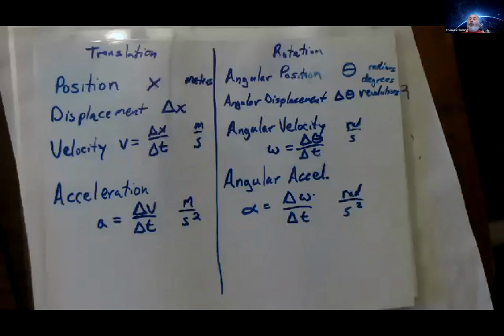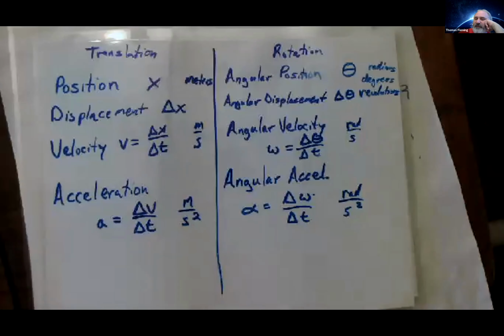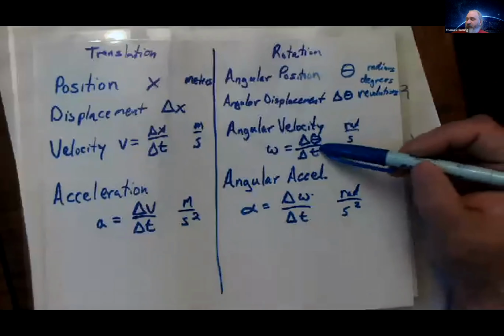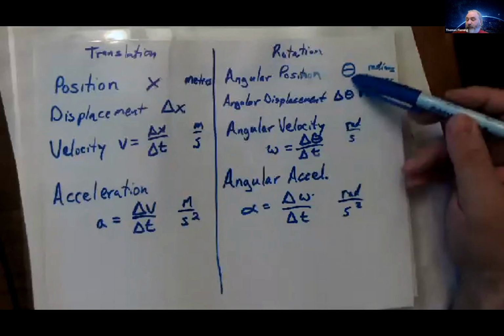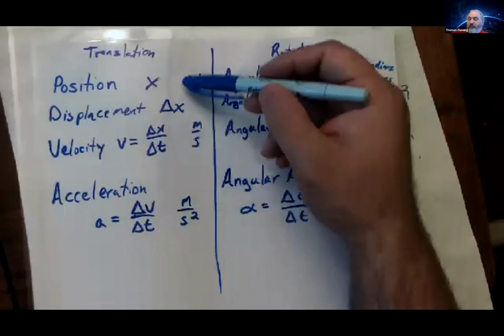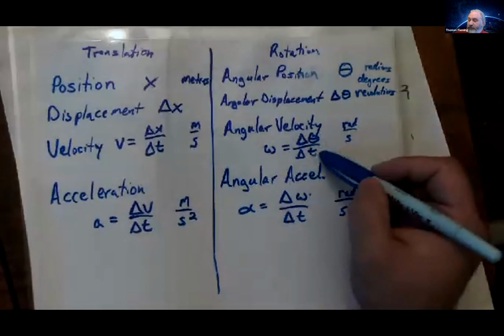Now, the cool part about all of this is that once we've established the existence of these analogies, you'll notice that the mathematical way they're related to each other are all very similar, right? The relationship between velocity and acceleration is the same whether I'm talking about angular velocity or translational velocity. This is delta x over delta t, this is delta theta over delta t.